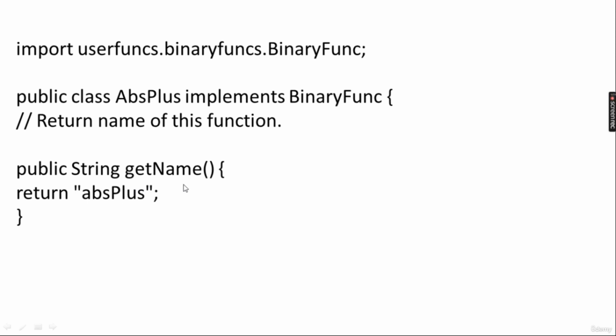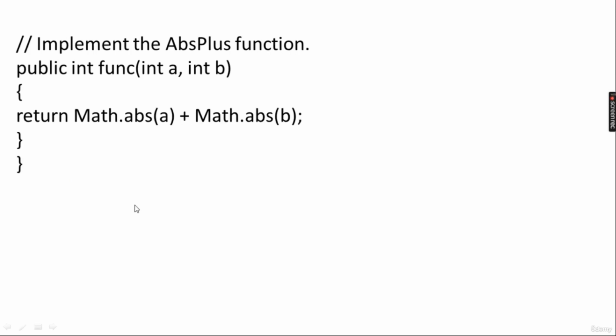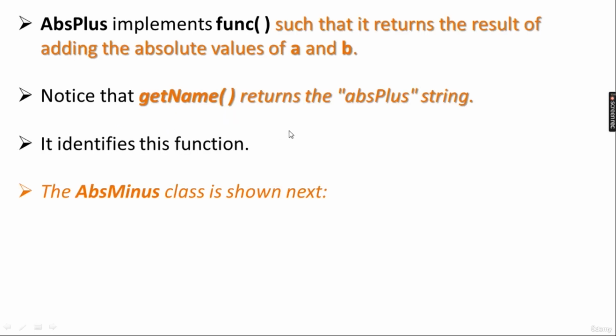Public String getName will return the name of the function as AbsPlus, and the integer func will give you the absolute addition of two absolute values, Math.abs(a) plus Math.abs(b). AbsPlus implements func such that it returns the result of adding the absolute values of A and B. Notice that getName will give the name as AbsPlus, and it identifies the function.